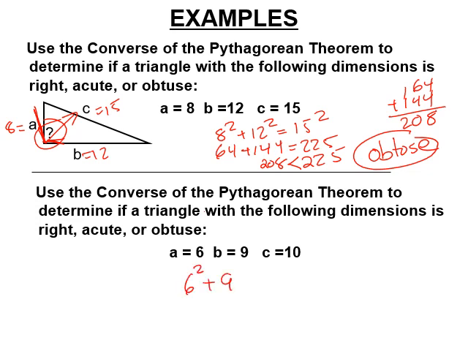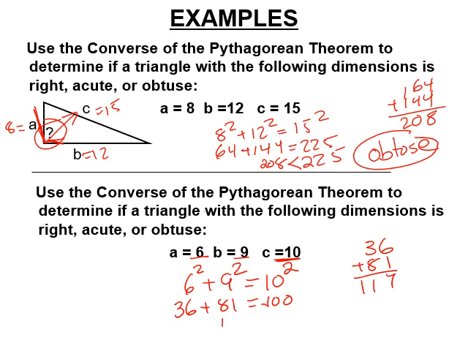Right, the two short sides, the two smallest numbers, have to be the legs. The longest, biggest number has to be the potential hypotenuse. Is greater than goes with acute.